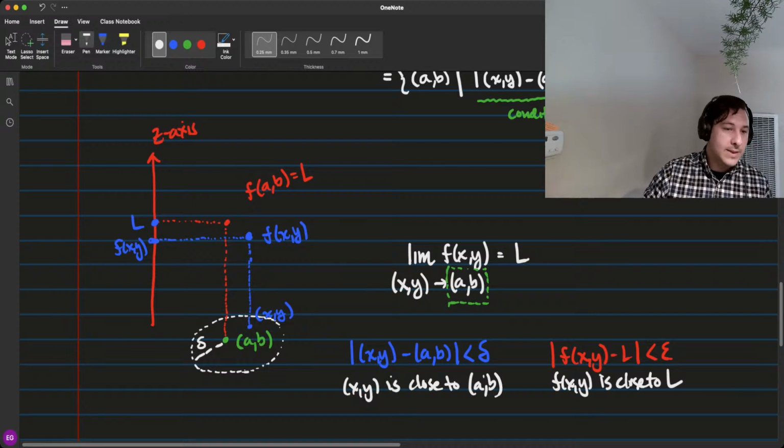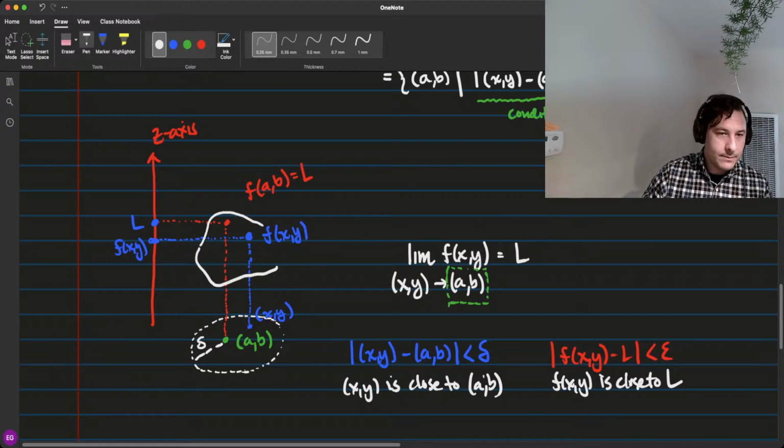Now, if you draw this, what that means is when you draw your function, you're going to get a surface, like maybe like this.